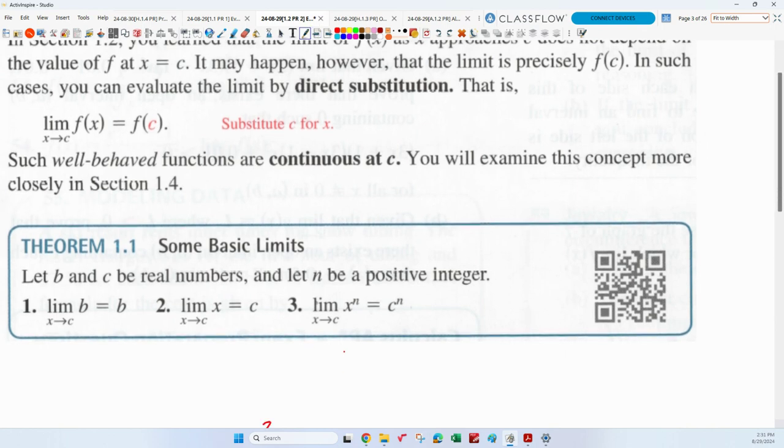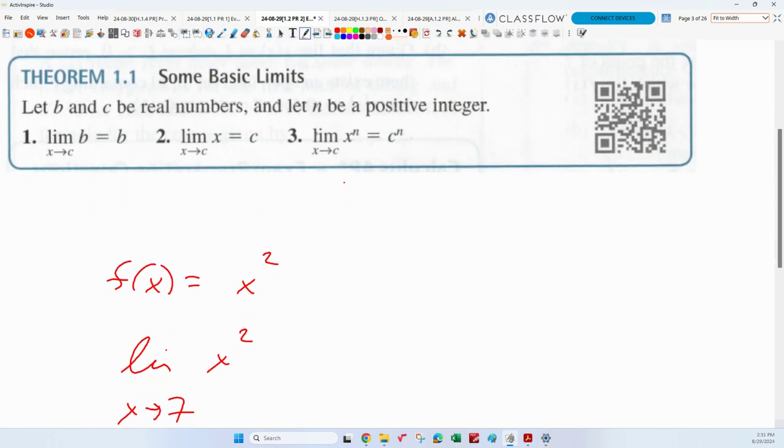So we'll try that. And there are some basic limits that just rely on this. Now, what about this one? Does this make sense? What's the limit of the function b as x approaches c? It's b, but why? Explain that. There are a couple different ways you can think about it. But we've been talking about graphs, so think about it in terms of a graph.